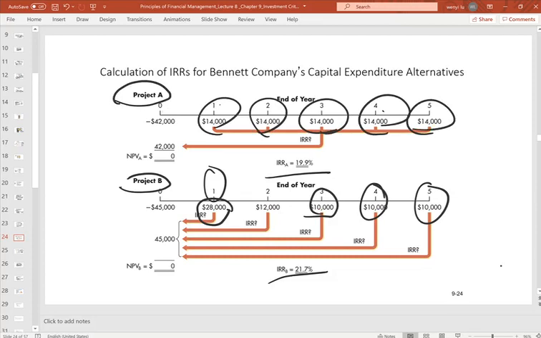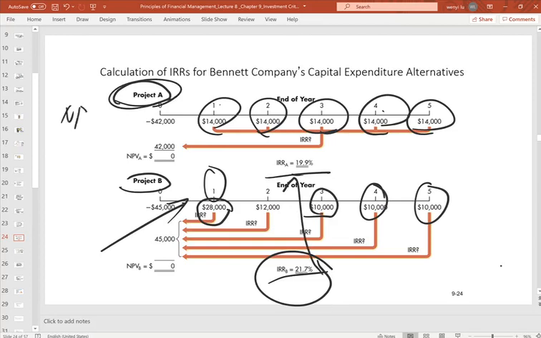Of course, if you can receive the bigger cash flows earlier, your return will be bigger. So that is why the IRR of project B is more than the IRR of project A, even though project A has more net present value than project B. Because the bigger cash flows come earlier, B has a bigger IRR.